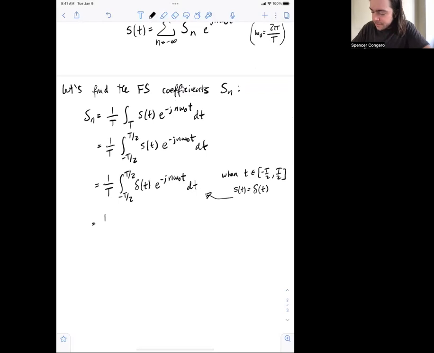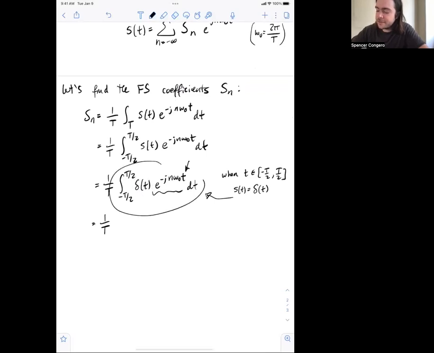Okay, and now what do we have? Well, now we just have an integral of a delta function times another function, and we know what happens in that situation. That whole integral just picks out the value of the thing multiplying the delta function, evaluated at the place where the delta function is located. This delta function, of course, is located right at t equals 0.